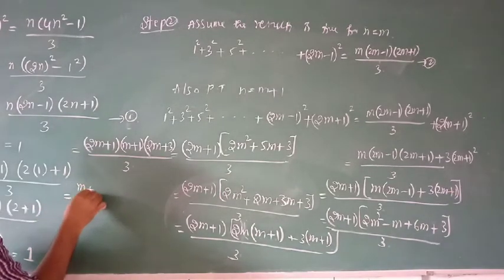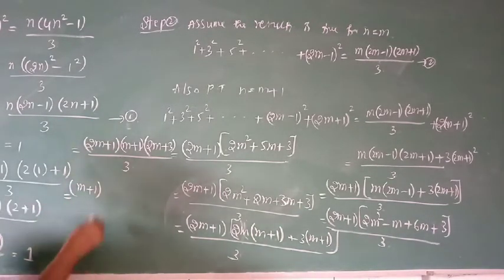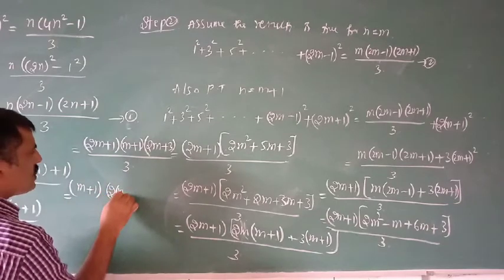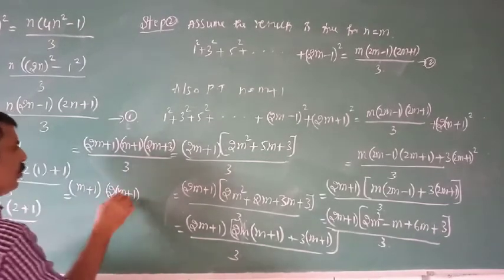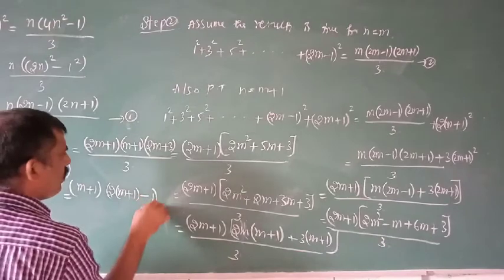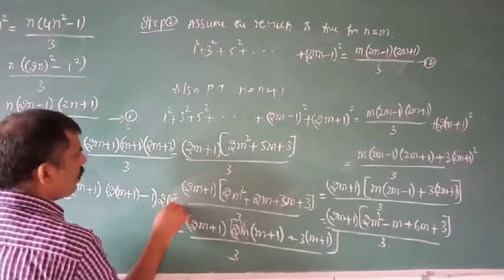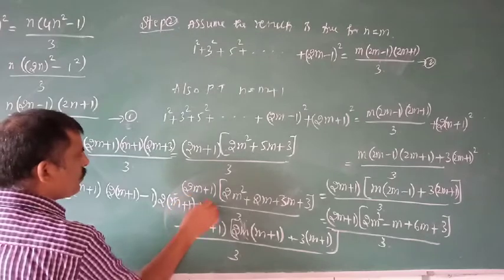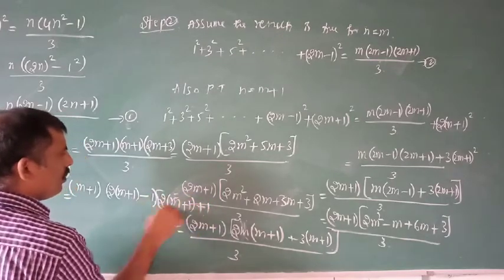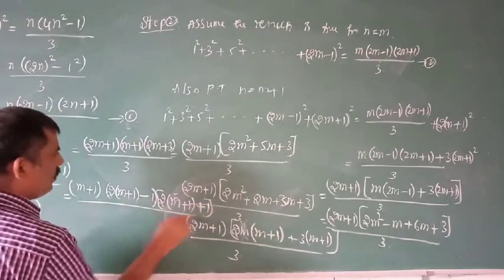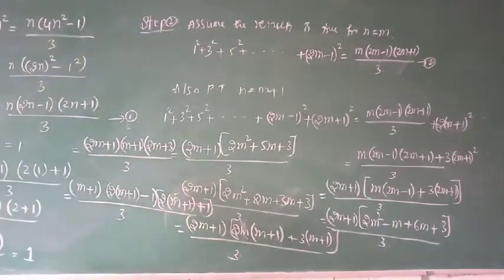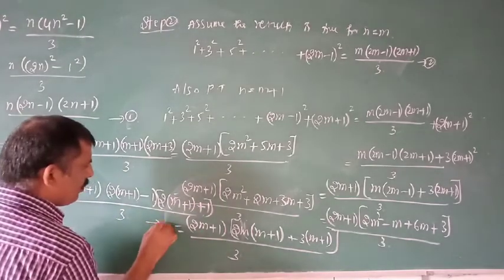Equal to m plus 1 into 2m plus 3 divided by 3, that is 2 into m plus 1 minus 1, and next one is 2 into m plus 1 plus 1, divided by 3, so this is equation 3.